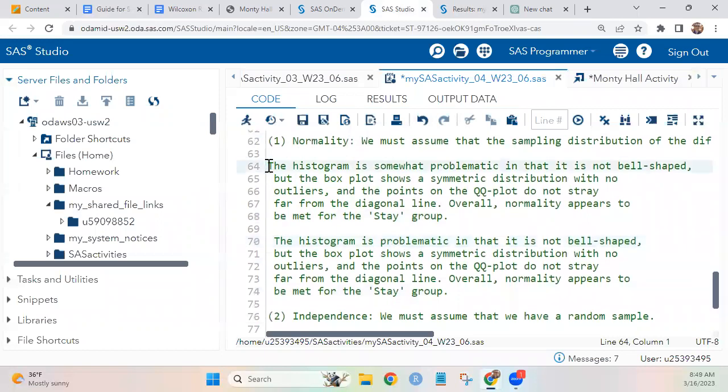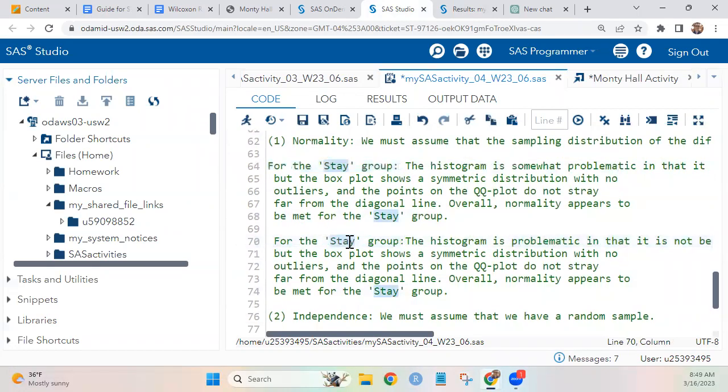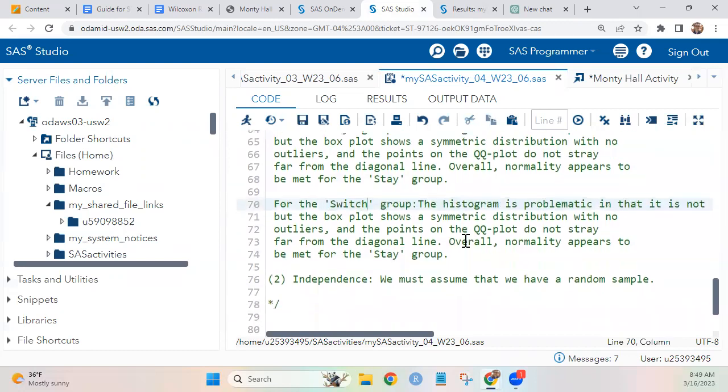Let's say this is for the stay group, and the other one's for the switch group. Histogram is problematic.